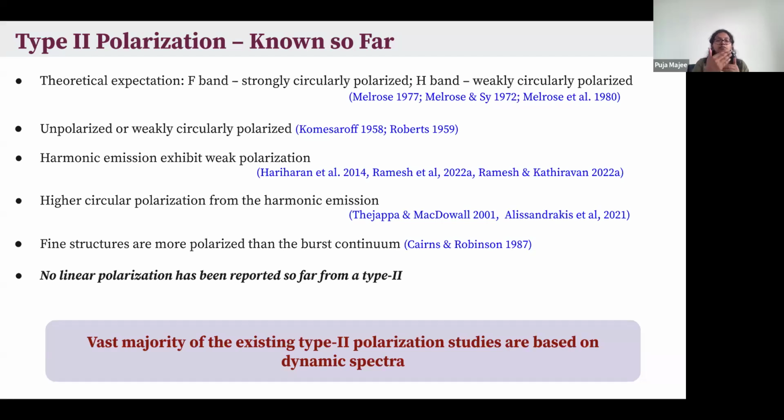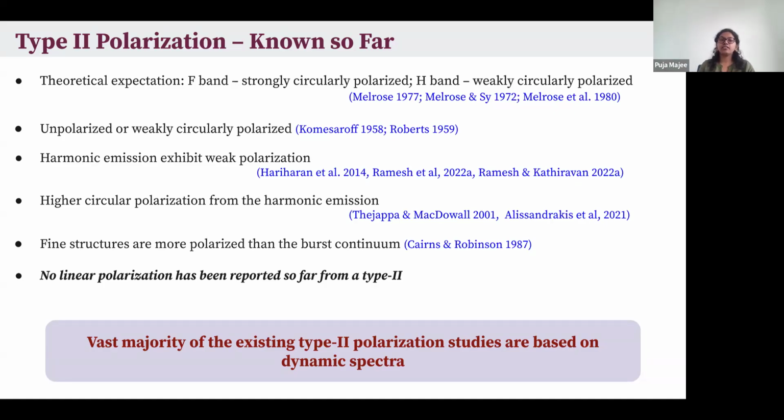Sometimes people see harmonic emission to be weaker polarized as compared to the fundamental one, which is also expected, but there are reports which see it the other way around. But most of the time, almost all times, the fine structures are observed to be more polarized as compared to the burst continuum.